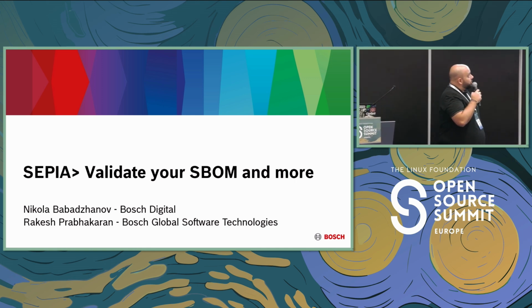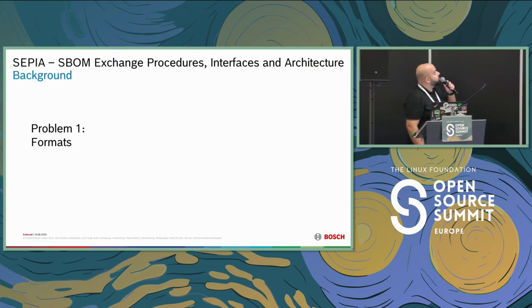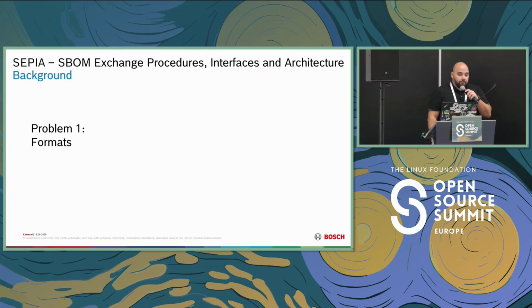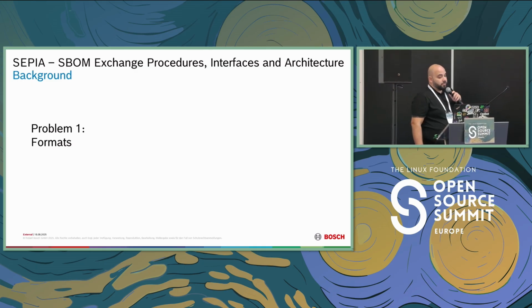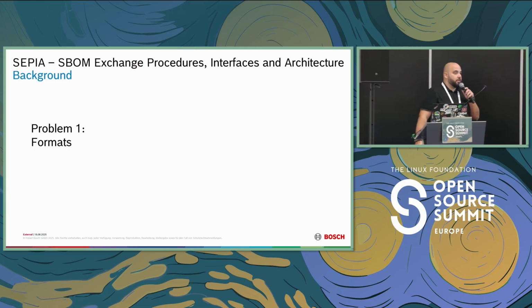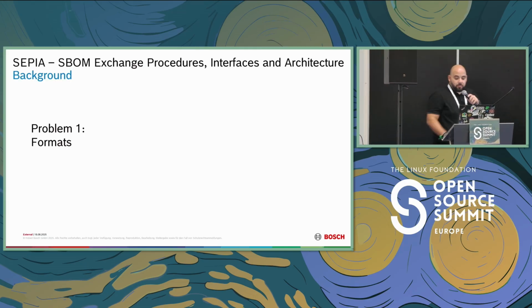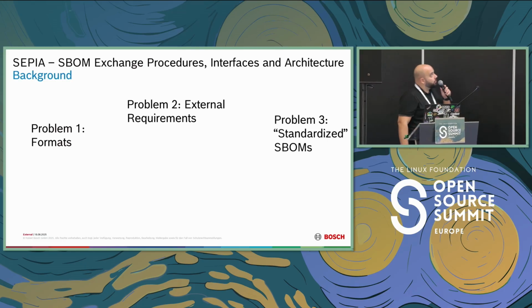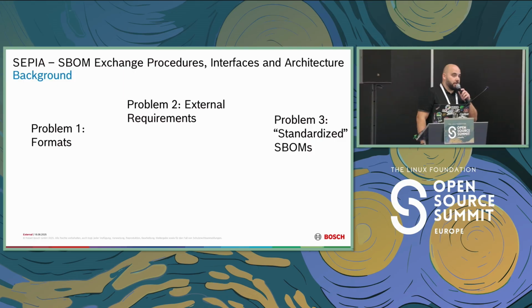So starting on, okay, so I should stick around. We outlined generally three problems. These three problems are the backbone of this idea. The first one being the formats, the second and the third ones being the external requirements and the standardized SBOMs.